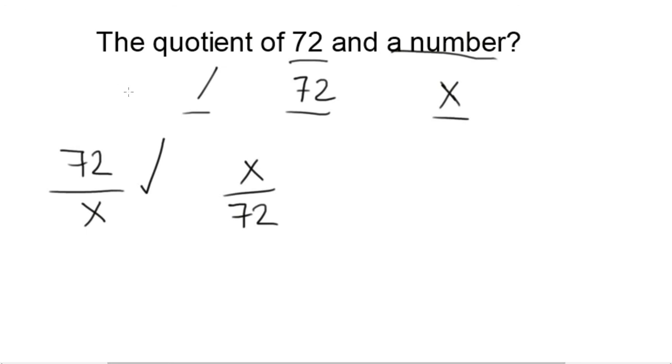And so the key to problems like this is to be patient and break it down and understand these terms like quotient. That means division. And we're going to have terms like more than, less than, times, divided by, product. So it takes a little bit of thinking to understand those concepts and break down these word problems. But once you see a few of them, it should be pretty easy.